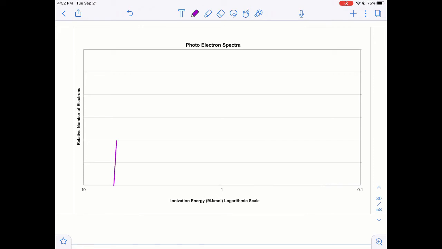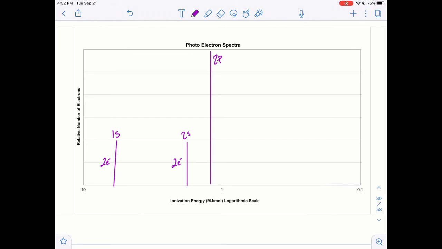I'm going to have the 1s, the first energy level s sublevel, represented here. It's got 2 electrons. I'm going to have the second energy level represented with 2 electrons. I'm going to have 6 electrons in the p sublevel, so that's going to represent my 2p.